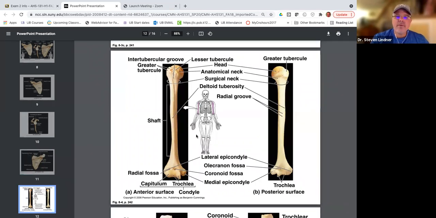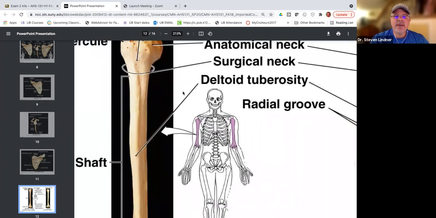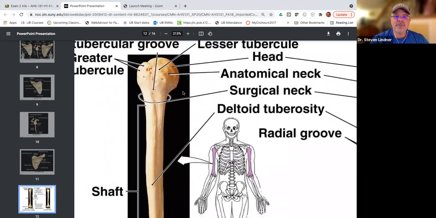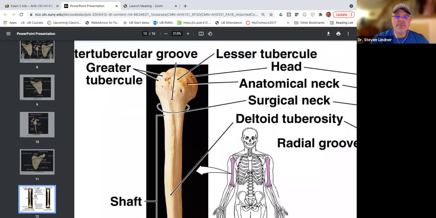Now, one of the ways that you can tell is when we zoom in here and we look at the anterior portion, there are two large bumps with a groove in between. One is called the greater tubercle. That's one of the large roughened areas.